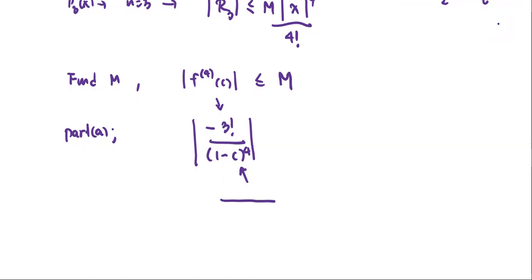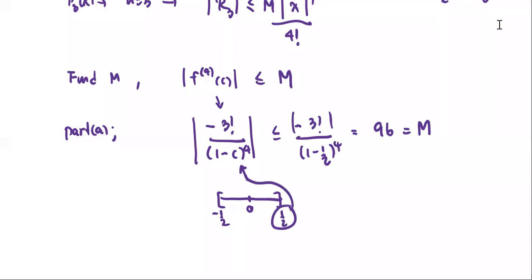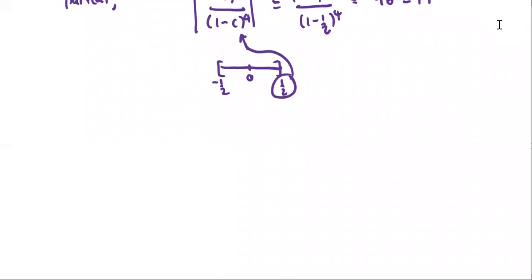Since c is between the value a, which is 0, and the value x, which is -1/2 and 1/2, the value c equals 1/2 will give us the maximum quantity of the fourth derivative at the point C, which is -3 factorial divided by 1 minus 1/2 to the power 4, and the number comes out to be 96, which is the value M. Now we get M as the maximum value of the fourth derivative at the point C.